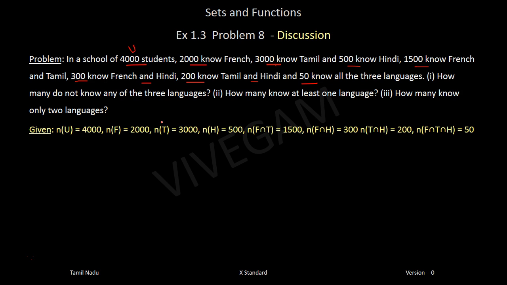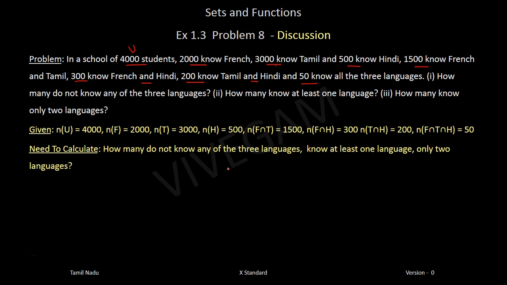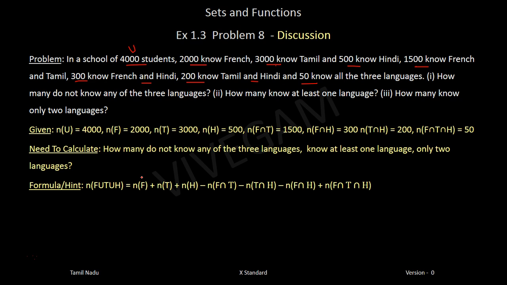Now, we are asked to find a few things. For the time being, we'll leave it aside, and let's write our formula. In this case, N of F is known, N of T is known, N of H is known. It's all given here. N of F intersection T is known, N of T intersection H is known, N of all three languages is known, and N of F intersection H is also known.